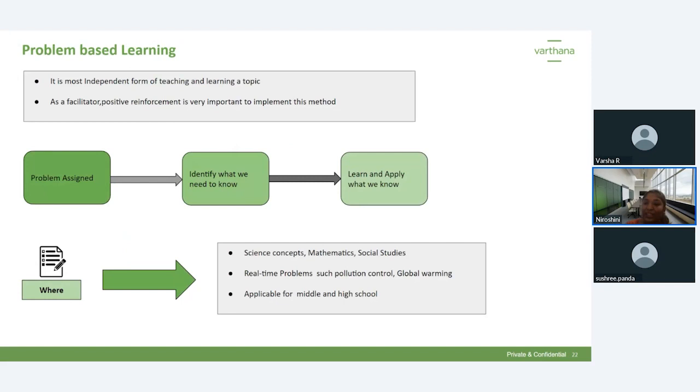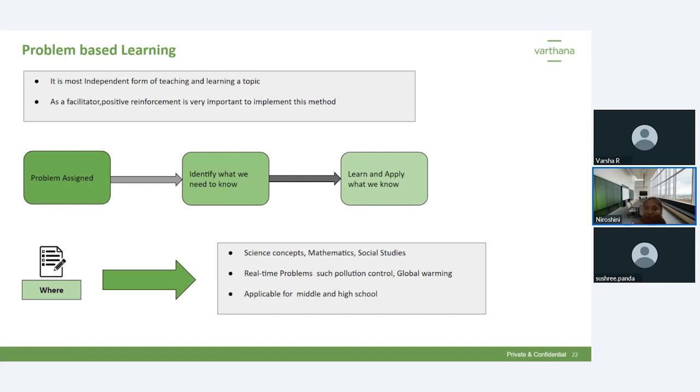The next important method, I think a lot of you would have come across, has become a recent trend: problem-based learning. We will take up a problem, we will understand what the important facts are, what the important things are that have to be covered, and then we will research the problem and arrive at a solution.